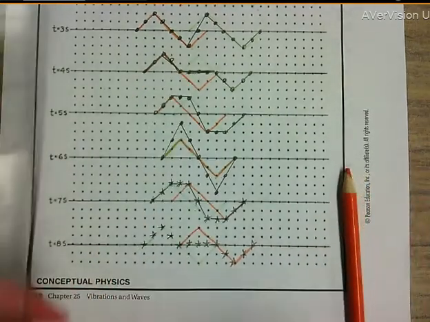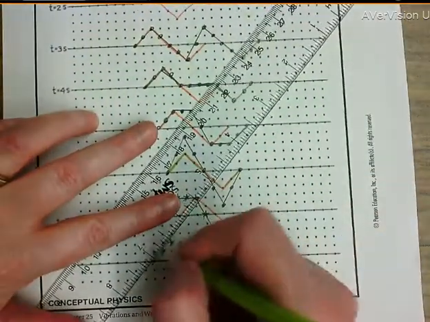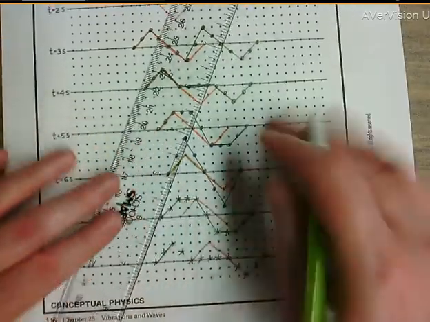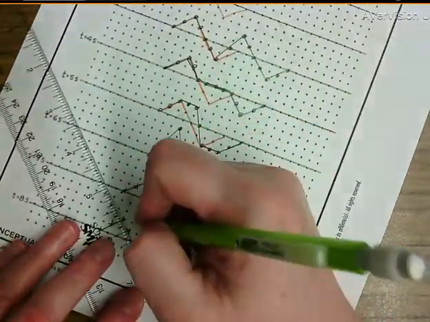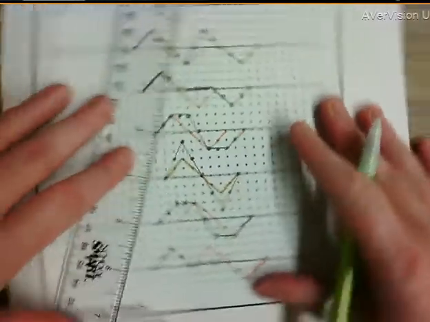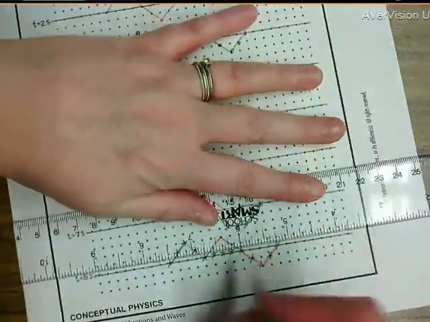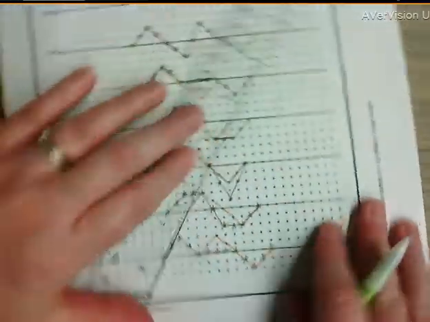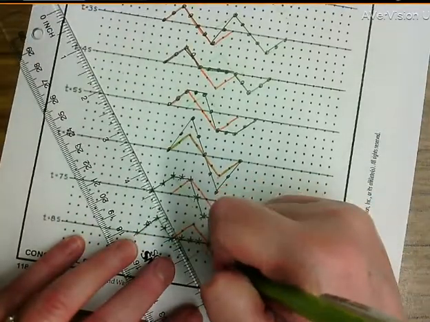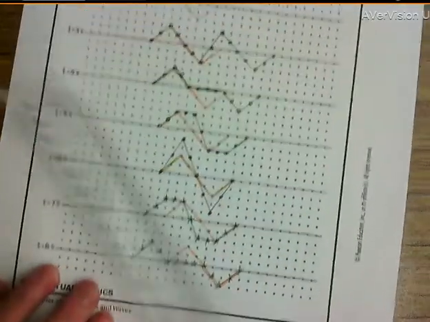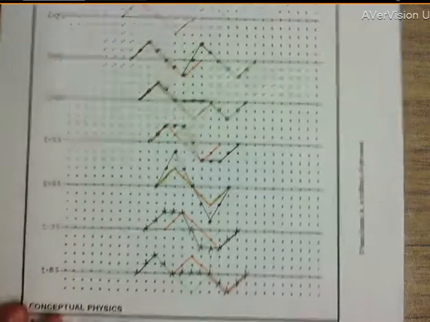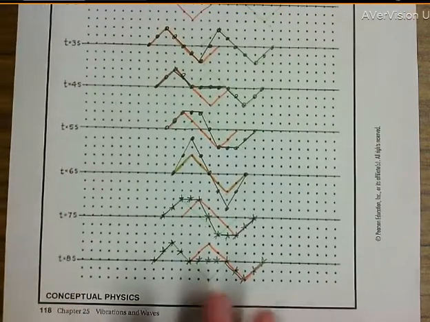And so that's what our interference pattern is going to look like. So again, there is that.